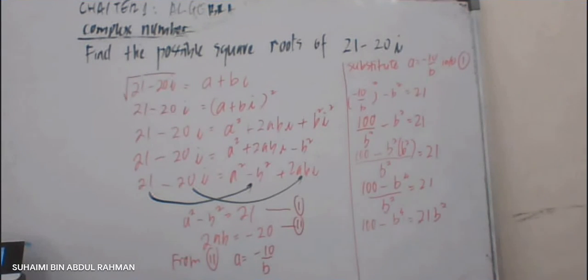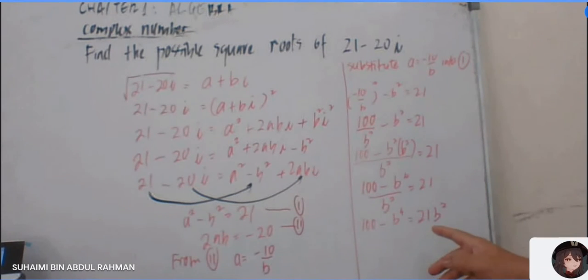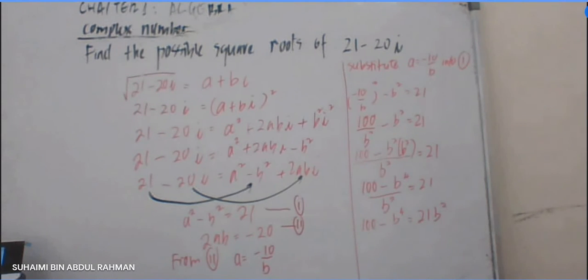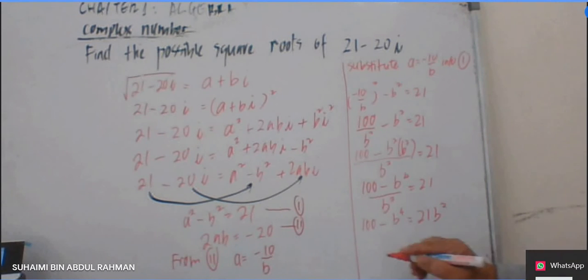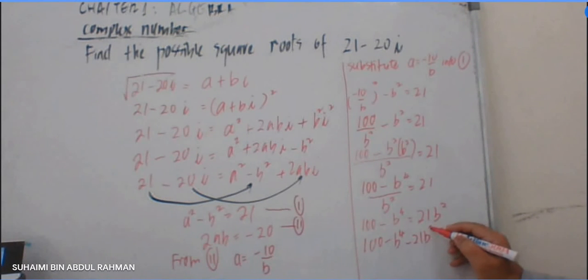So when we bring right into left, we bring minus 21 b square into left. So we get 100 minus b power of 4 minus 21 b square equal to 0.